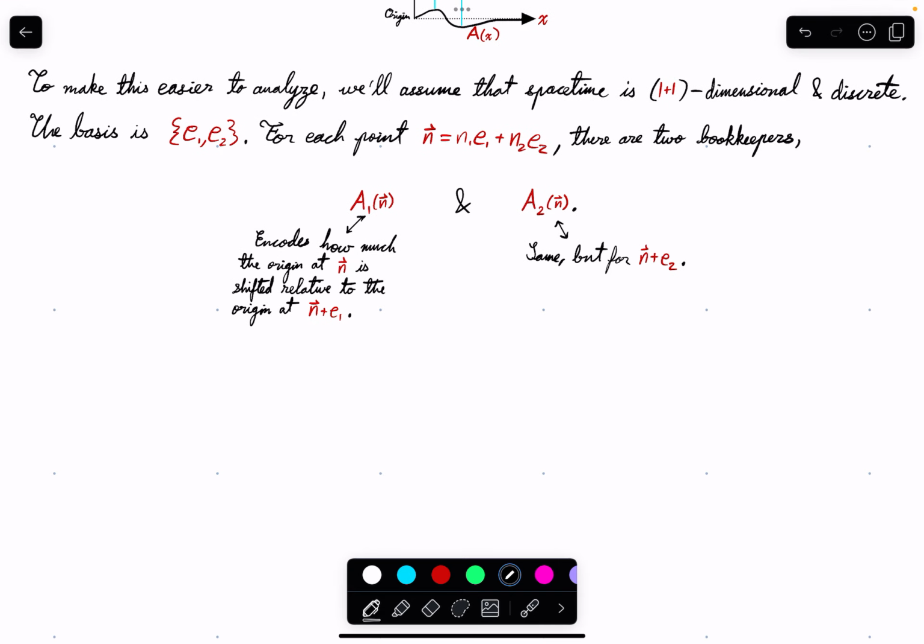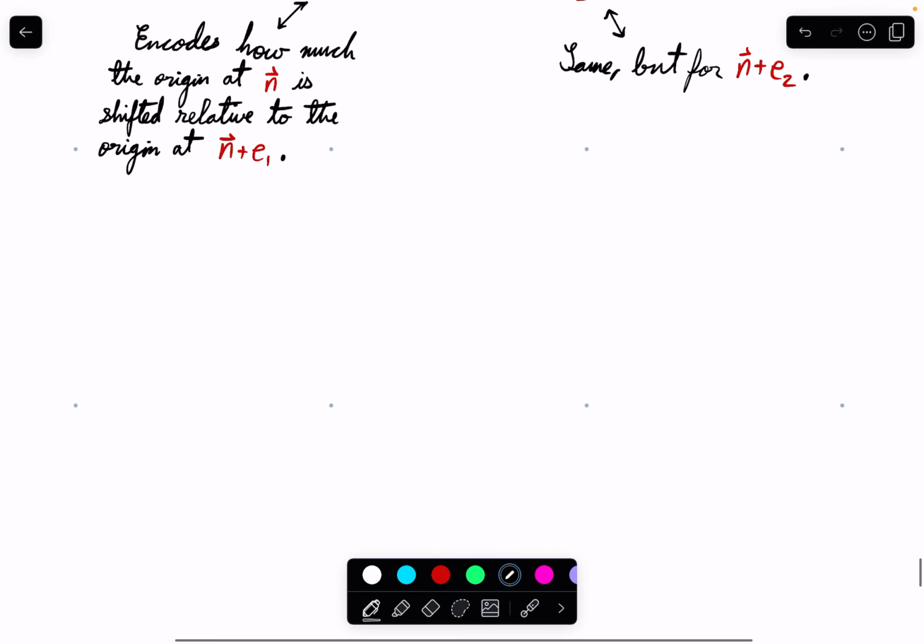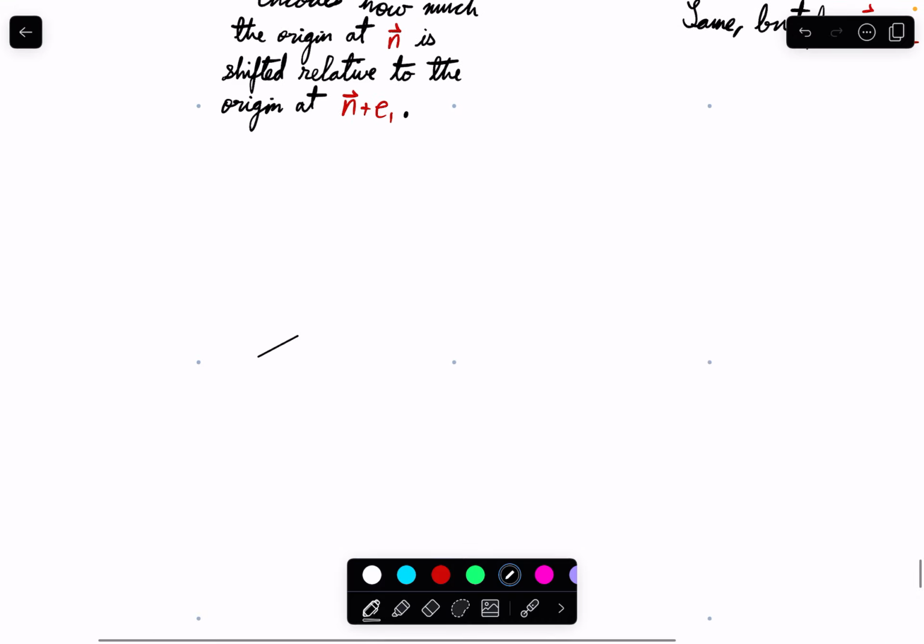So, how exactly should we picture this? Well, let's assume that we have two-dimensional space. I'm just going to draw this direction and this direction.